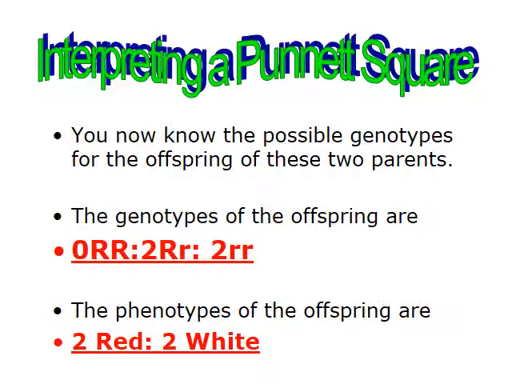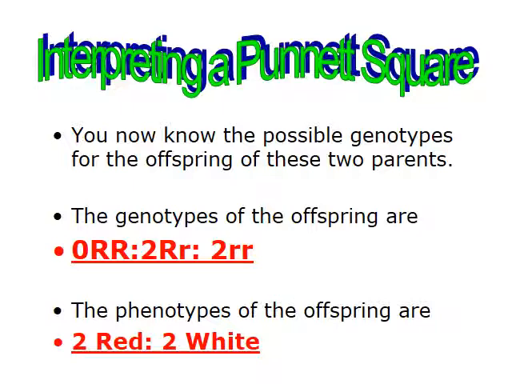We had 2 big R, little r, so we had 2 heterozygotes. And we had 2 little r's, so we had 2 homozygous recessive. So those are the genotypes. Remember, the genotype is the 2-letter combination of the 2 different alleles found in the offspring.